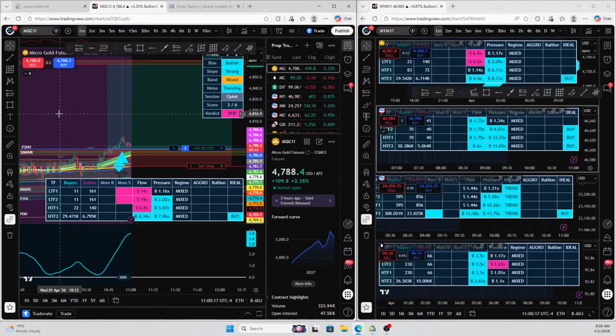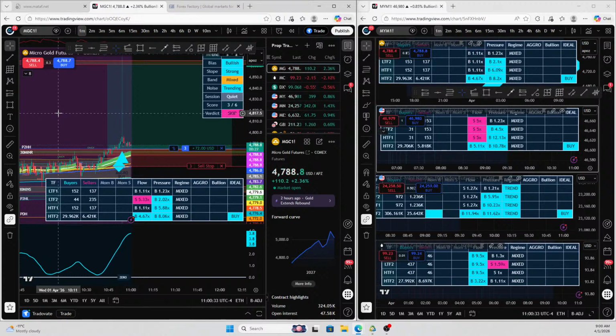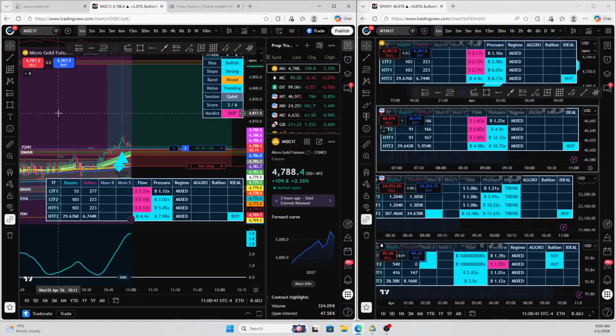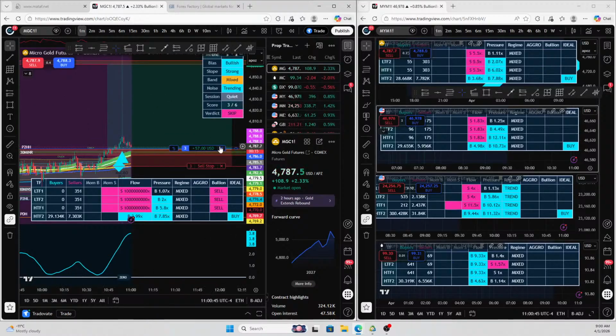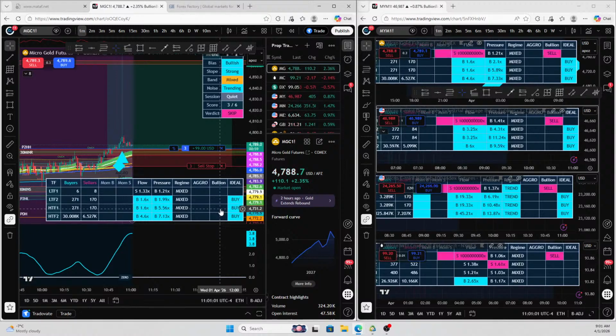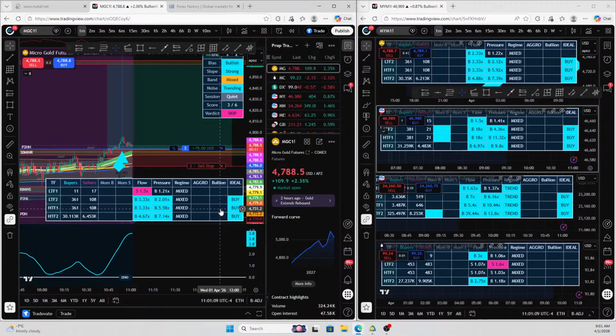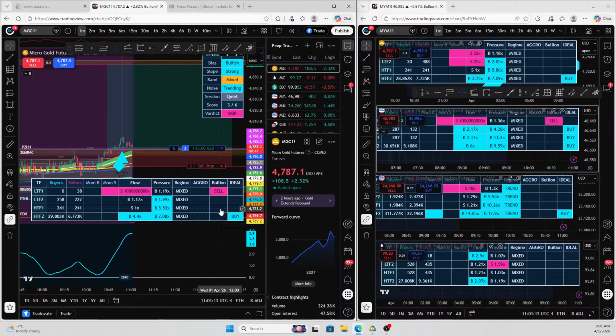So let's see if the move gets supported with volume. Any close below the range and we are out.